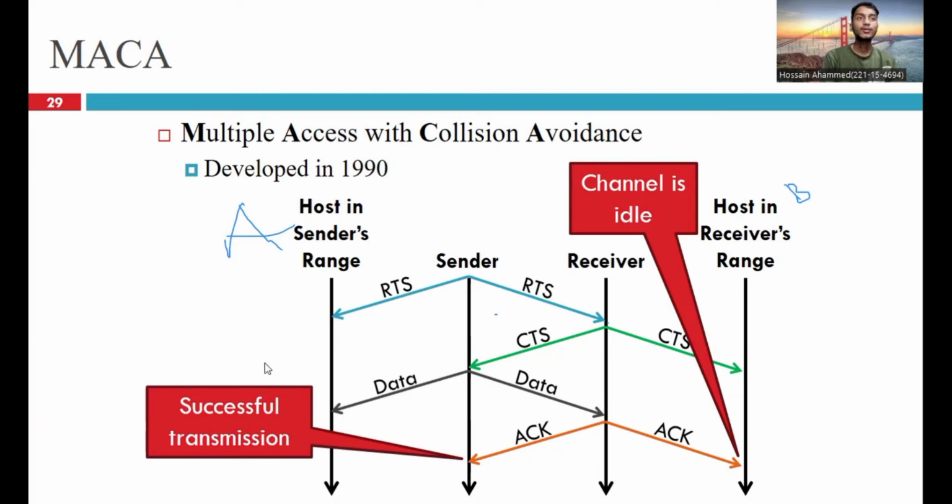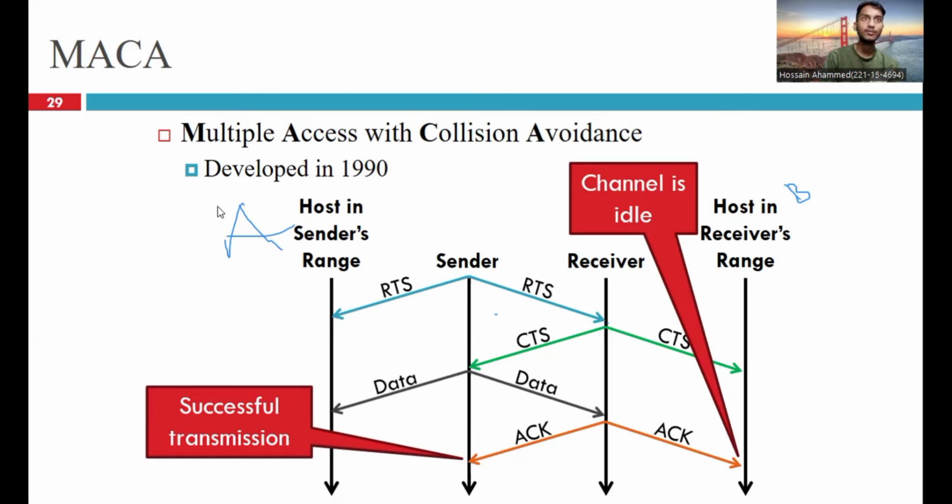At first, we imagine A is the host and sender range, and B is the host and receiver range. When sender A needs to communicate with receiver B, sender A makes a request to the receiver.